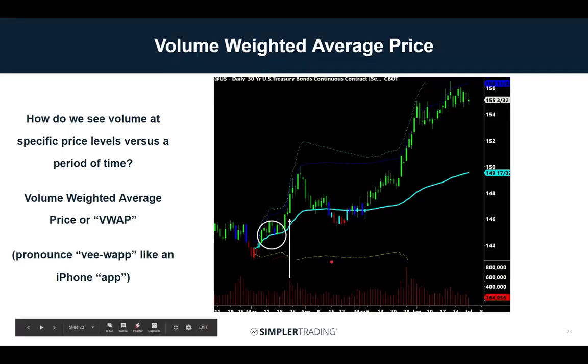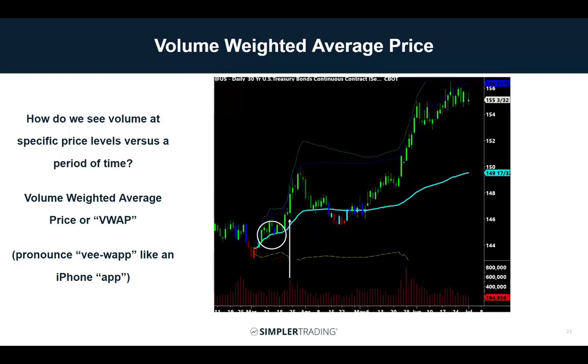This is actually an example of the VWAP anchored on the 30-year bond, which was one of the VWAPs that I had dropped in order to get long the bond market, because I wanted to find out which price levels were better support. Again, support being confirmed by what? Volume, right?